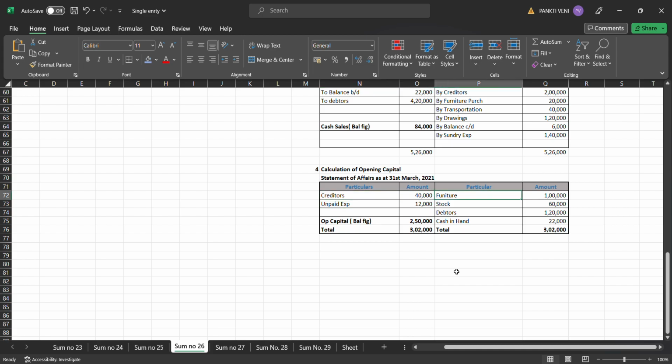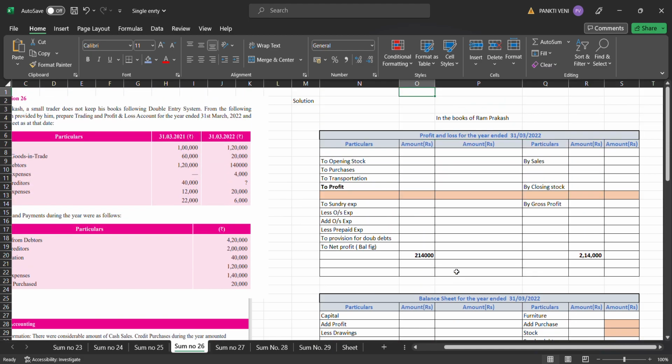Opening furniture value is given as 1 lakh, stock 60,000, debtors 1,20,000, cash in hand 22,000. From the question, opening creditors value is given, and outstanding unpaid expenses are also given. So 2,50,000 I'll get as the opening balancing figure.